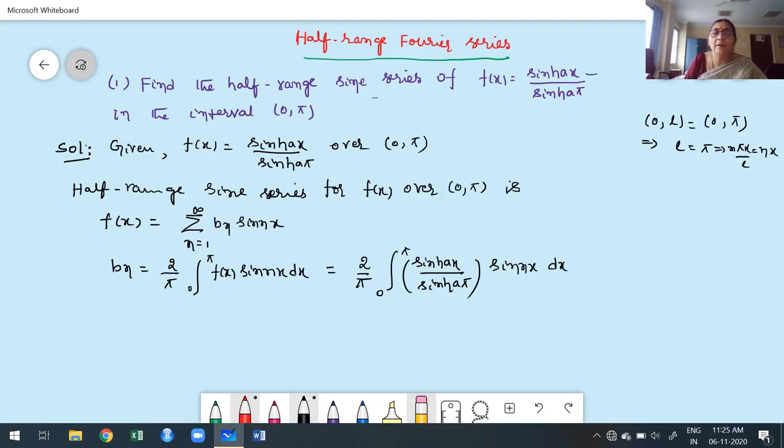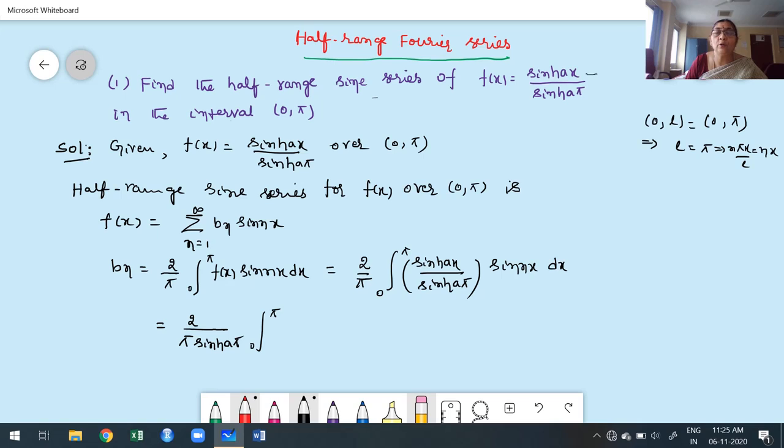For my convenience, I am going to keep this constant outside. Which one? Sine hyperbolic a pi is a constant. In the next step, 2 by pi sine hyperbolic a pi, integral from 0 to pi.